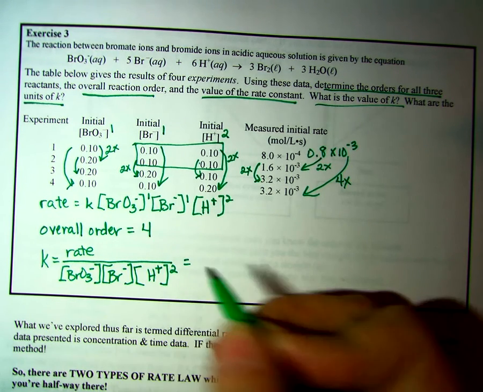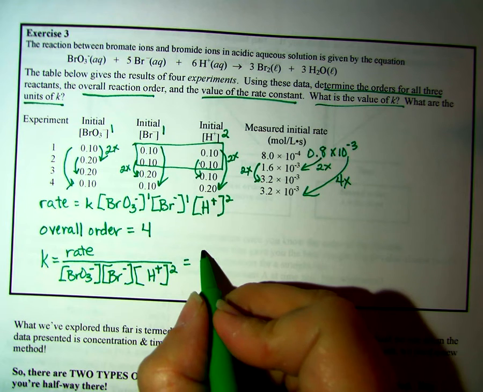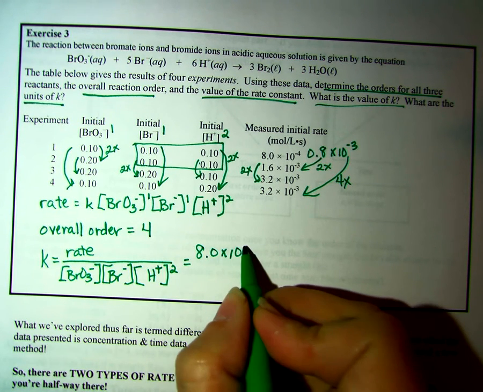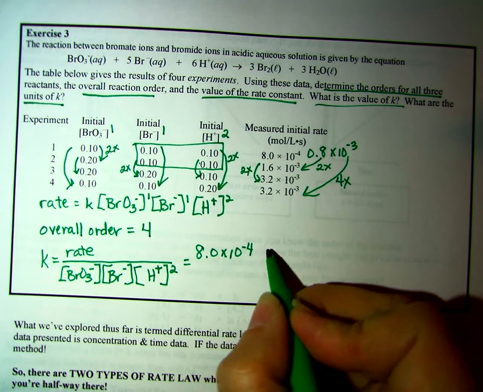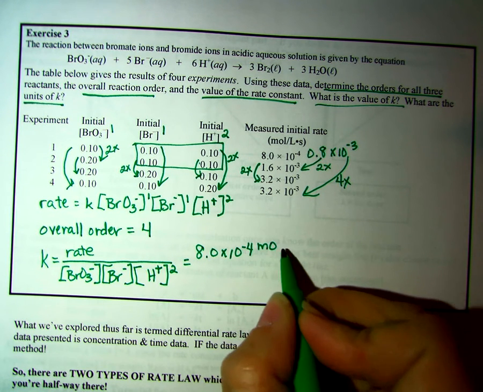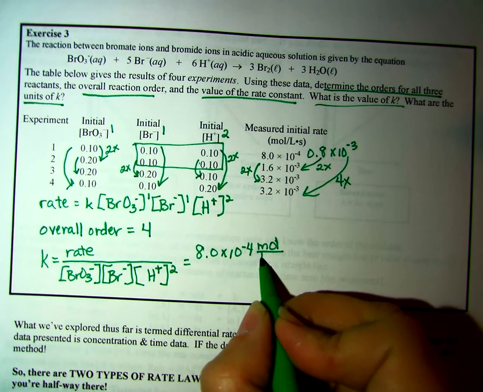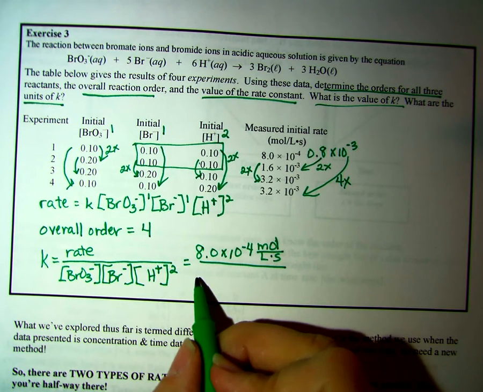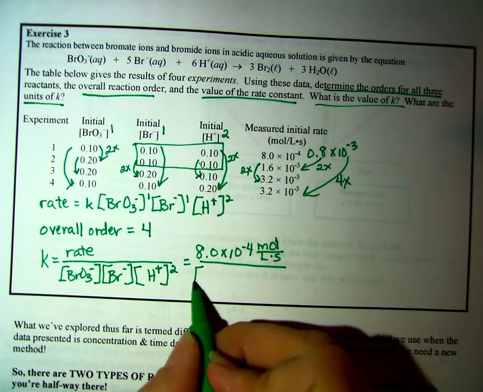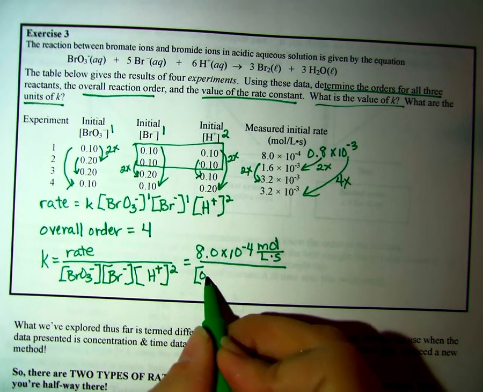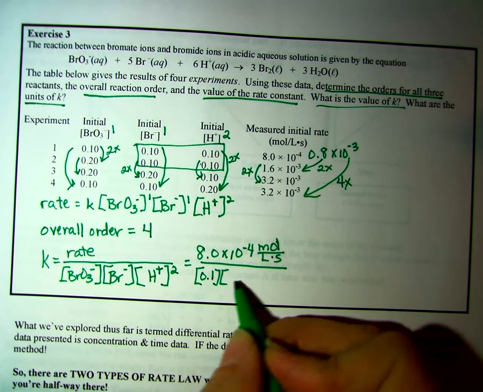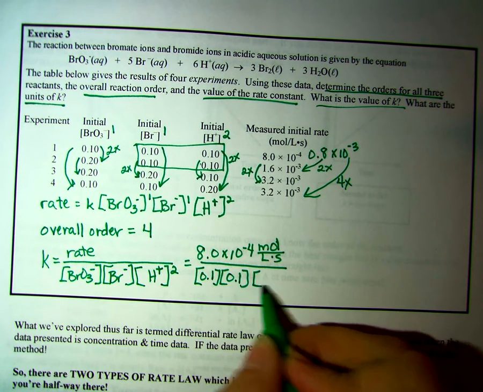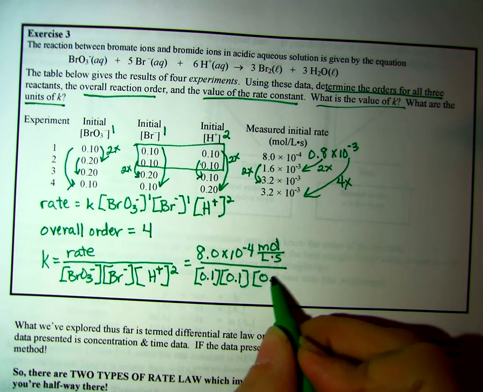So I always, like I said, I just go with the easy one. 8.0 times 10 to the minus 4th is my rate. And remember, that's moles per liter times second. Divided by my concentration of BrO3, which is 0.1, times my concentration, which is 0.1, times the concentration of 0.1 squared.